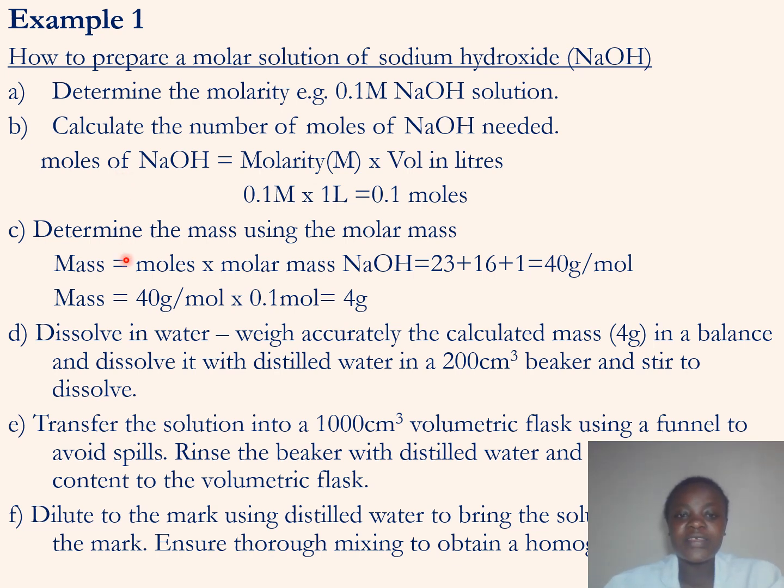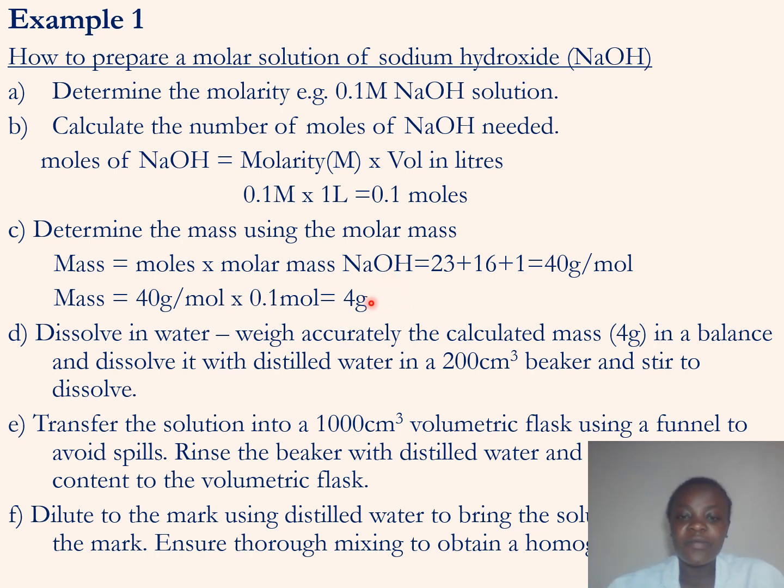Next step is to determine the mass, and we are going to find the mass using the molar mass. As we saw when calculating the number of moles, moles is given by mass over the molar mass. So now to get the mass, we are going to multiply moles times the molar mass. So let's first get the molar mass, that is the RFM of sodium hydroxide.